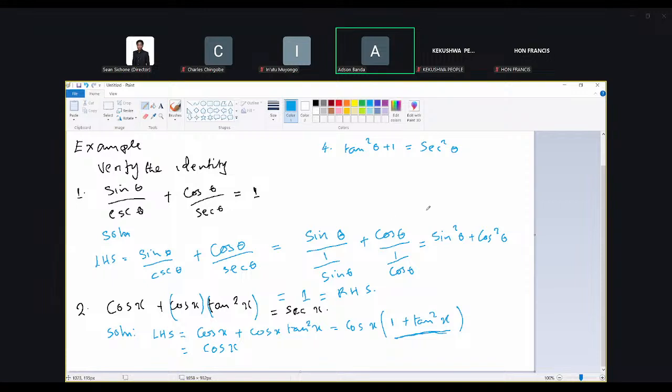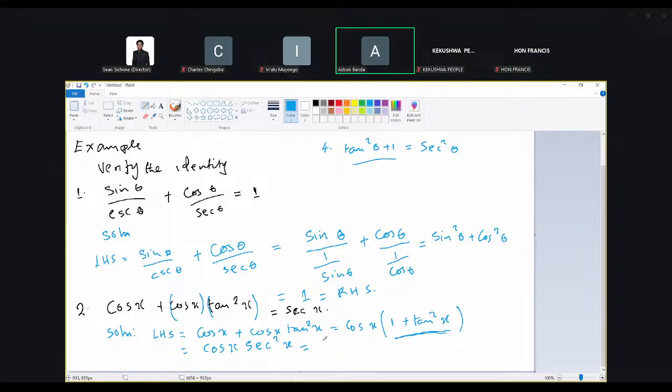So what we have is this. We are just going to substitute with the sec squared theta. So in that case, you are going to have cos x times sec squared x. Okay, remember that we want to get to the right-hand side.